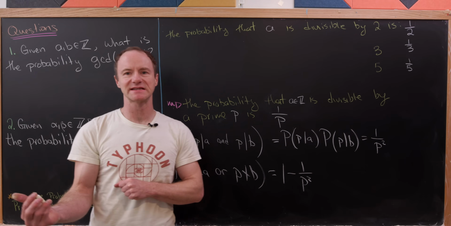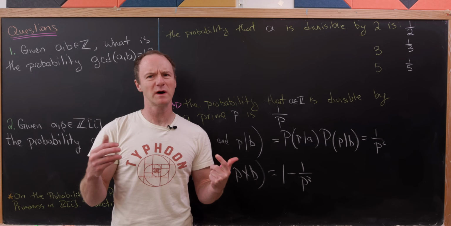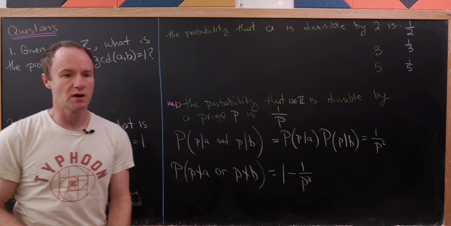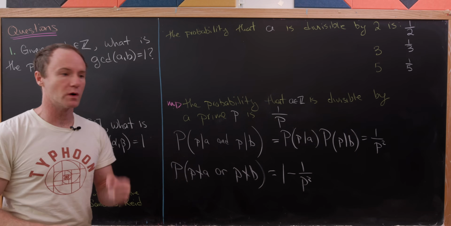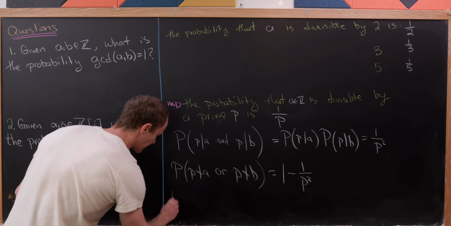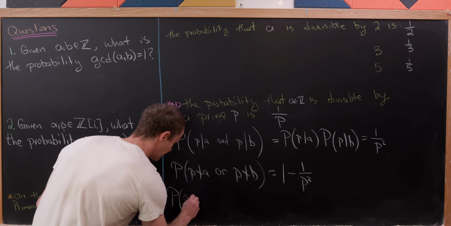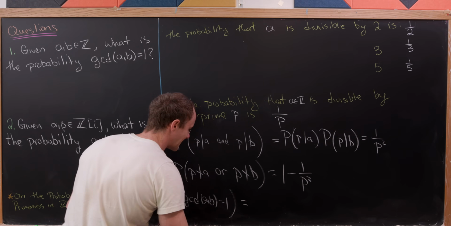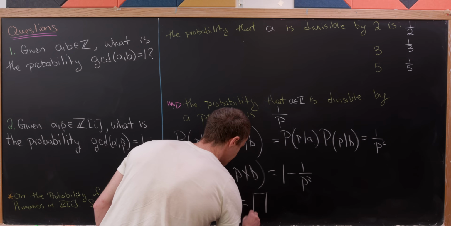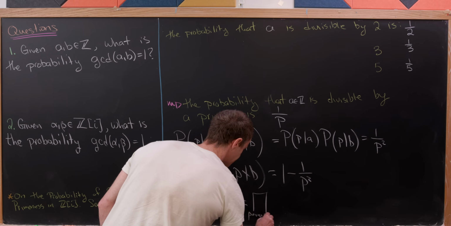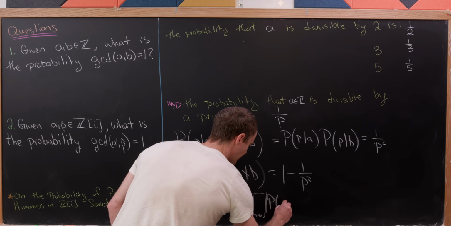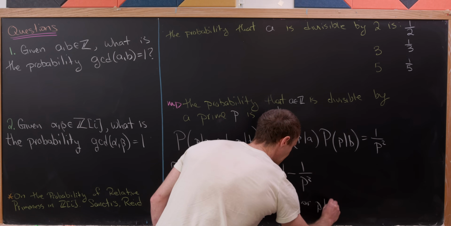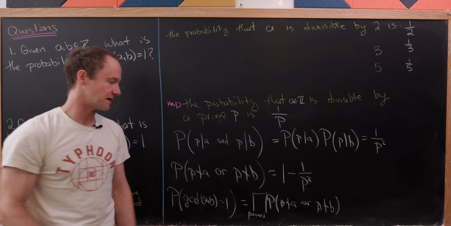But now we need to take a step back and see what it really means for the GCD of two integers to be 1. That means they share no prime factors. So the probability that the GCD of a and b is 1 is going to be the product over all primes of the probability that p does not divide a, or p does not divide b.